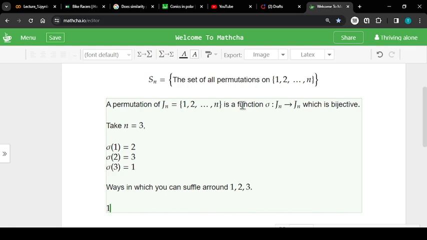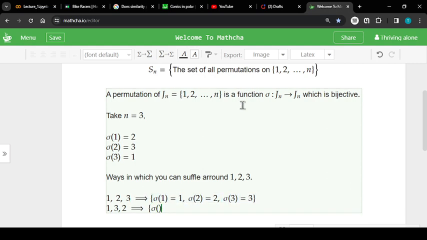Now you can of course have the permutation which fixes everything, which is the original: sigma of 1 equals 1, sigma of 2 equals 2, sigma of 3 equals 3. So that's one of the permutations. Now another one.